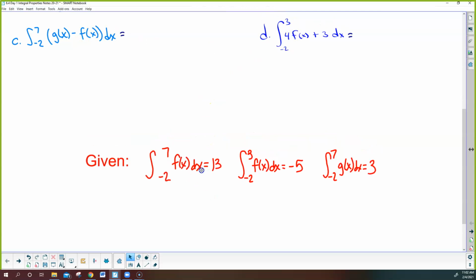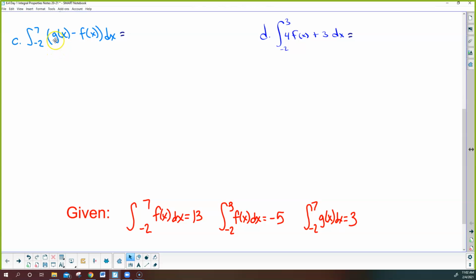Part C is the property that says if you have two functions, g and f, and they're evaluated at the same bounds with either subtraction or addition, you can rewrite this as two separate integrals evaluated at the same bounds. So I'm going to take g of x from -2 to 7, and I'm going to subtract f of x from the same bounds.